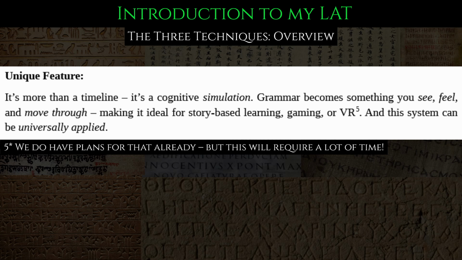And yes, I already have plans for that, but this will take quite a bit of time. But most importantly, this system can be applied universally, which means to every given language, if there is enough information available, which unfortunately does not apply to every ancient language, as an example.